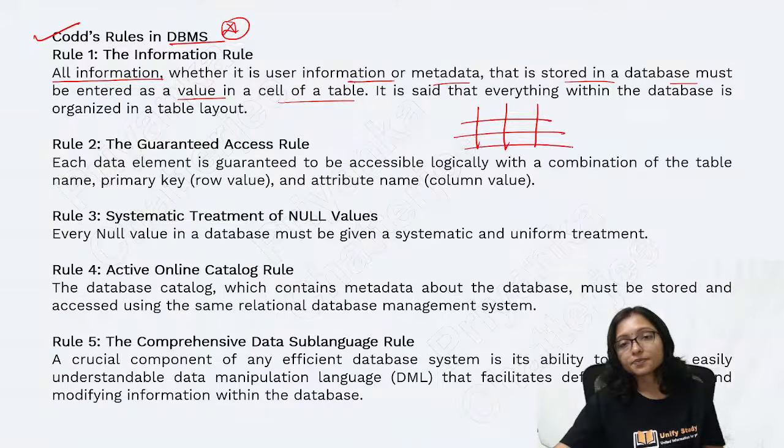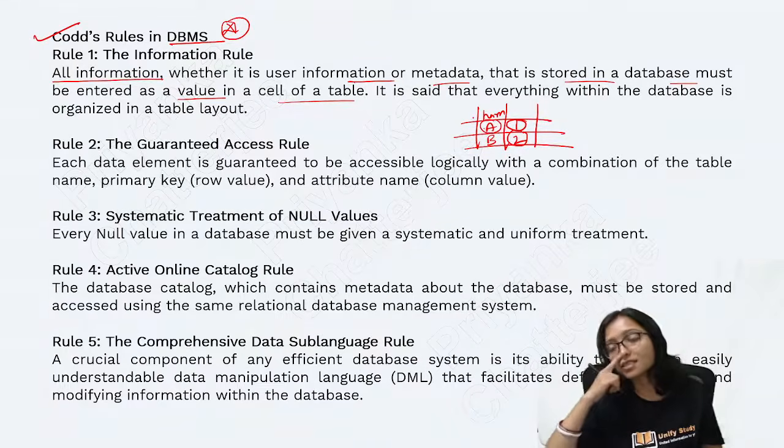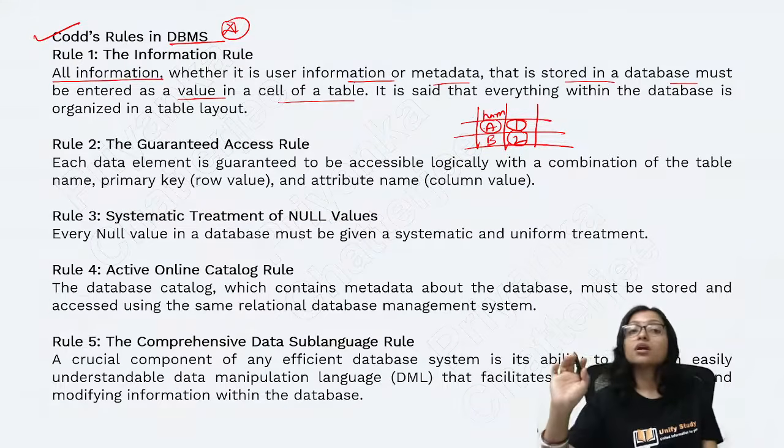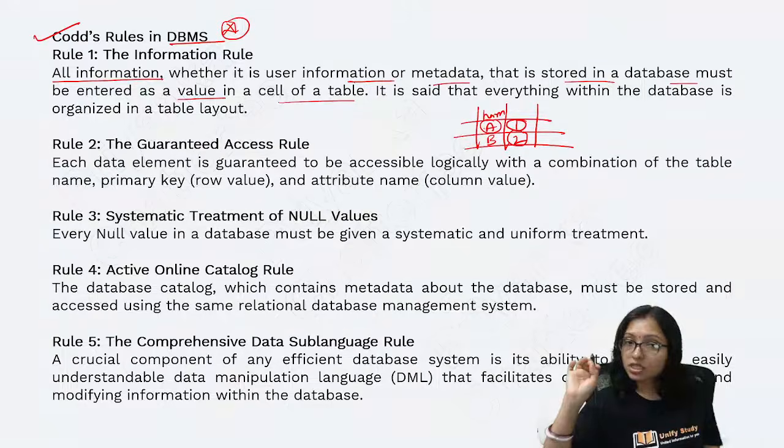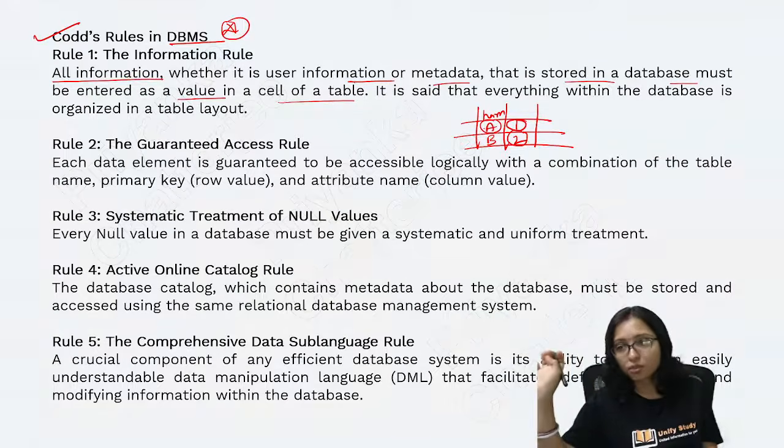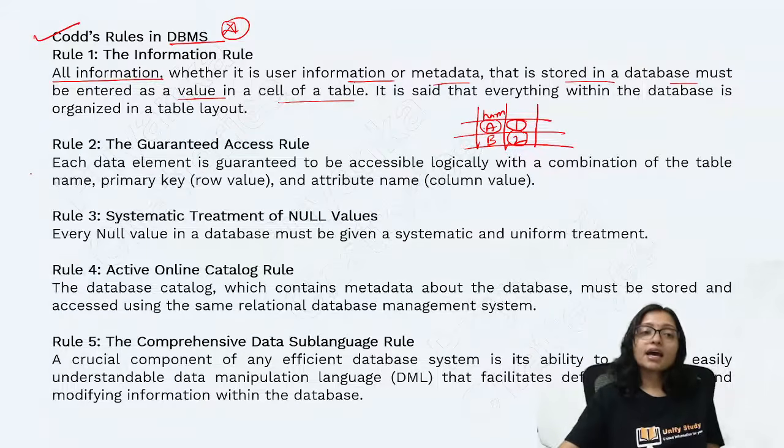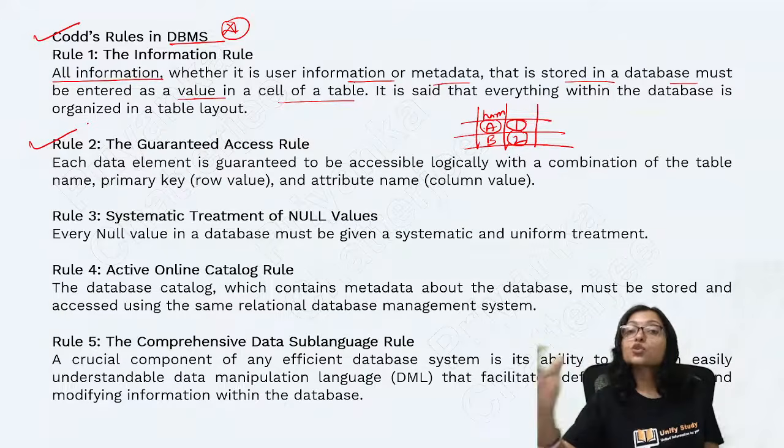In the table, what is the name of the employee? A, B. What is the roll number? 1, 2. As values we are going to store them. This is the information rule. From here questions are coming, guys. Don't ignore this topic also.